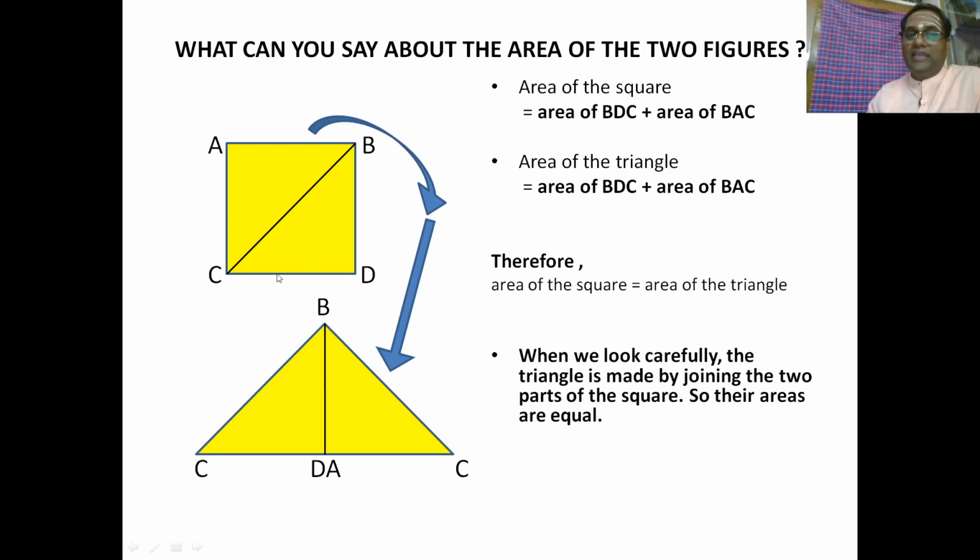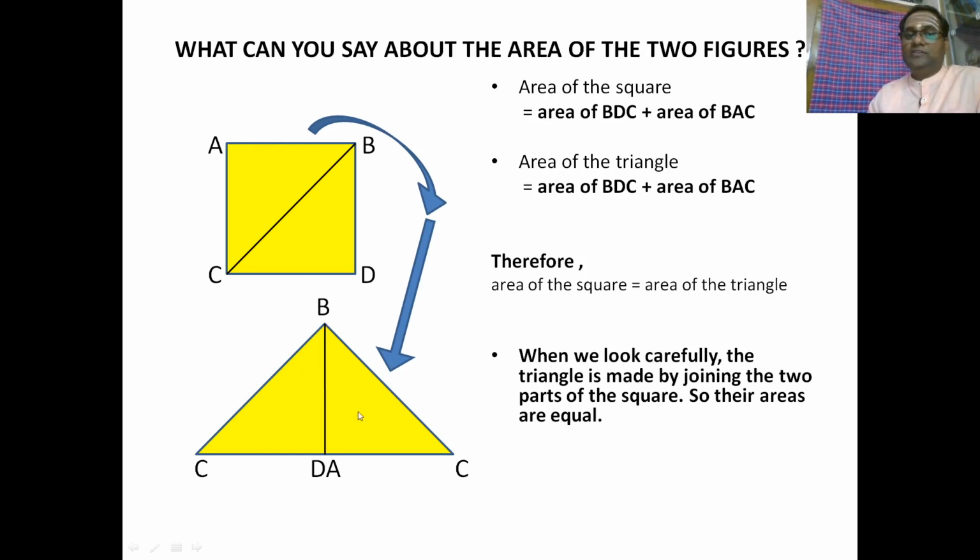Now the idea here is, children, I have cut across the square along BC, then I have moved this part down here, so that this BC, when I cut here, again comes to this side, and AB joins here with BD.